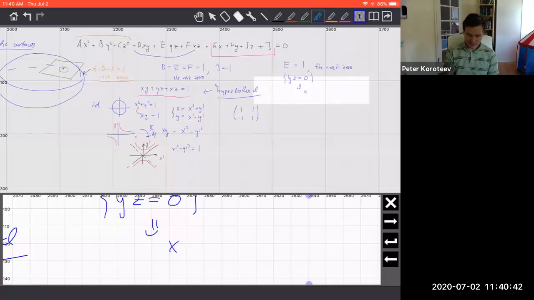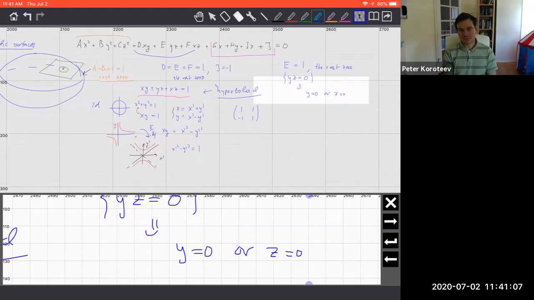So it's either x equals 0 or y, there's no x here. So it's either y equals 0 or z equals 0. y equals 0 is a plane, and z equals 0 is a plane, and they would intersect. That's right.